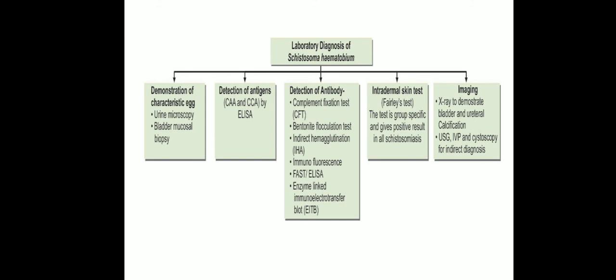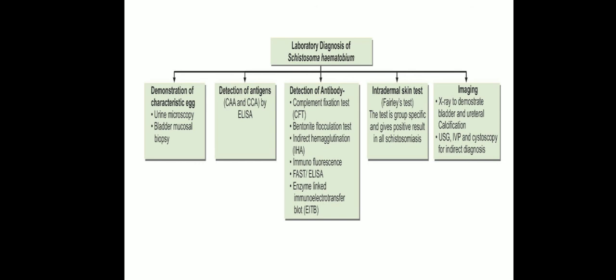Both these tests are highly sensitive and specific, around 95% sensitive and 99% specific. In the ELISA test, the Schistosoma haematobium adult worm microsomal antigen, or HAMA, is used for the detection of specific antibody. So that's all about the detection of antibody.